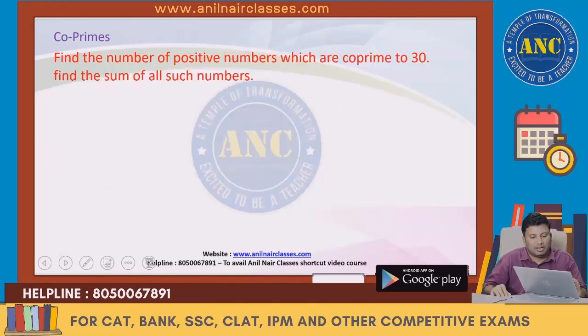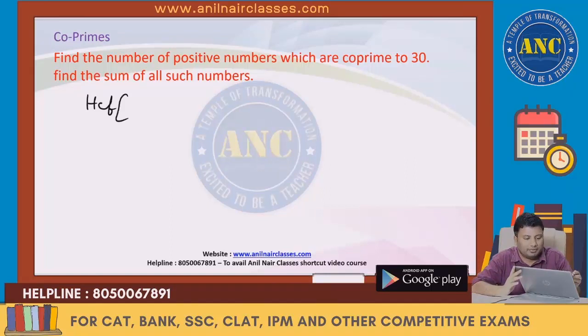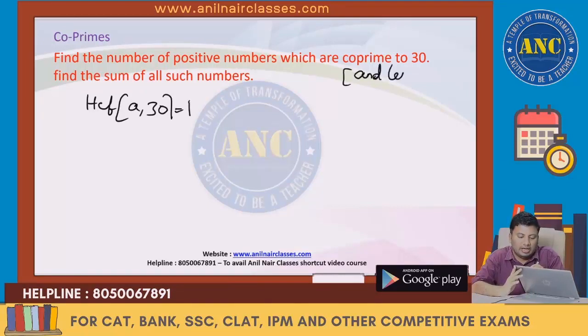Find the number of positive numbers which are co-prime to 30. That means HCF of a comma 30 equivalent to 1. It should be co-prime to 30 and less than 30, it should be mentioned.